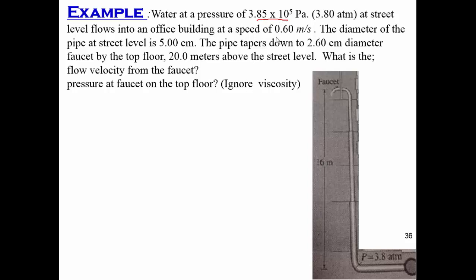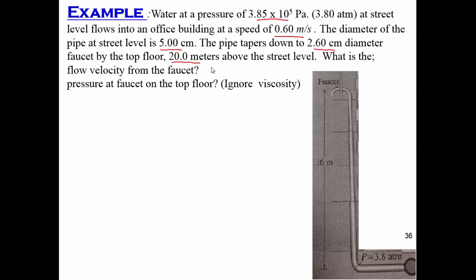We are given the speed of the water, and we are given the diameter of the pipe to be 0.05 meters. Then we are given the diameter of the pipe in the second section. We are given the elevation, which is 20 meters, that's Y2.